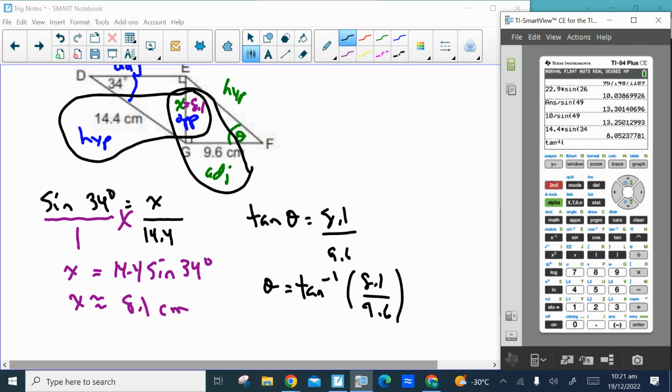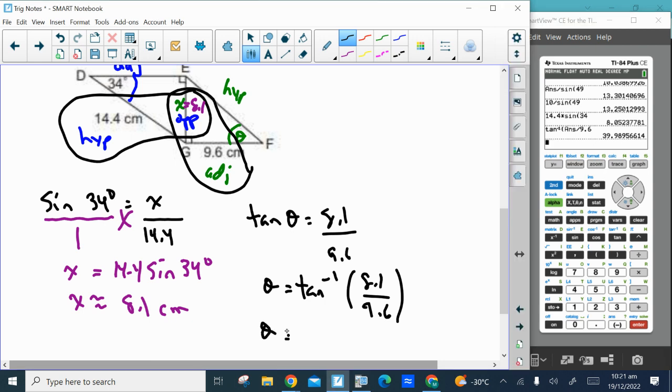So in my case, I can go second function negative to get the previous answer. If you don't know how to do that, then actually type in 8.05237781, that decimal, divided by 9.6. So to the nearest degree, it would be 40 degrees.